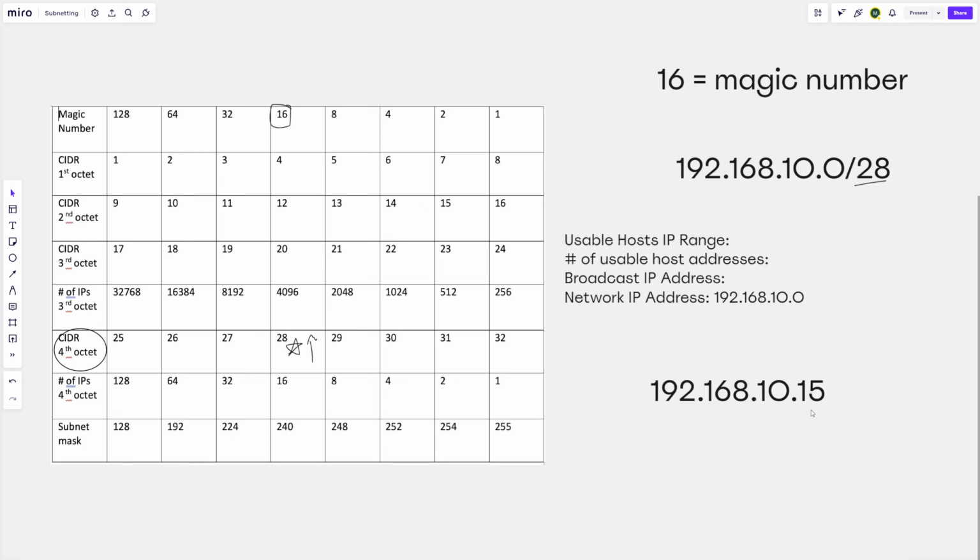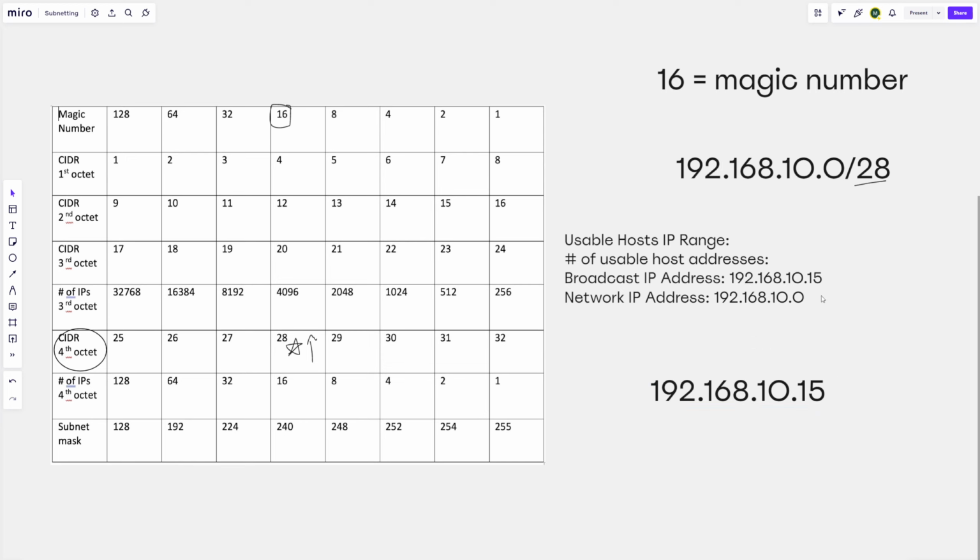192.168.10.0/28. However, if you guys remember, the last IP address is not a usable IP address because it is a broadcast IP address. So since it is a broadcast IP address, we can simply take this and paste it here, because we added the magic number to 0, 16 to 0, which gave us 192.168.10.16.